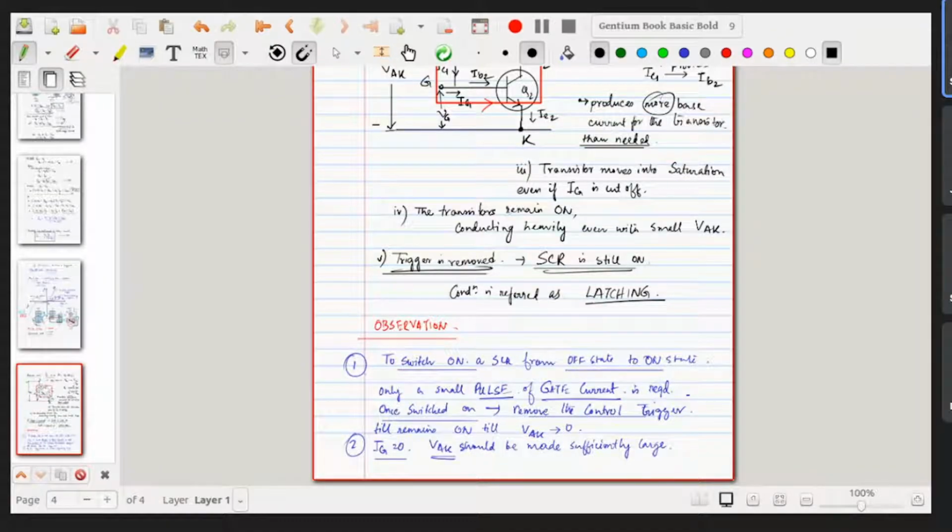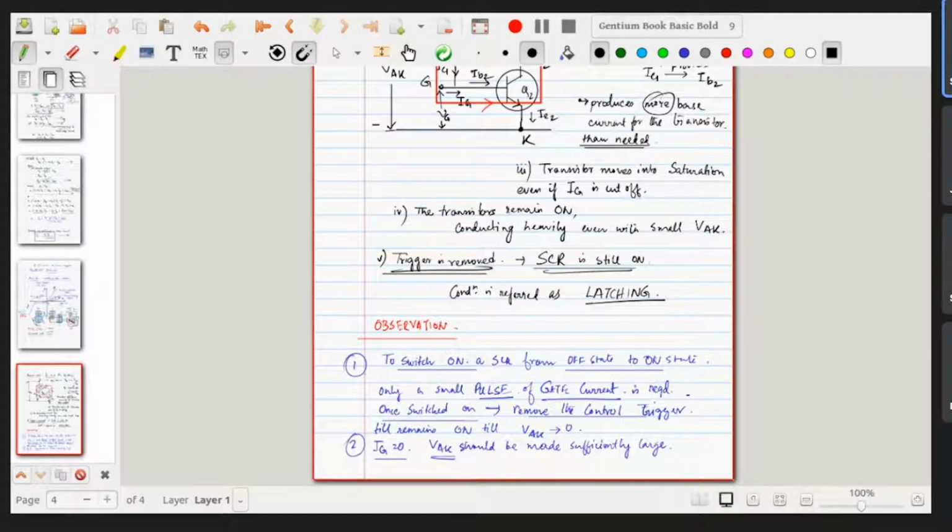So I will stop here. In the next class, this Monday's class, we will try to observe one important part. When we are talking about this SCR family, or these turn-off methods, as I was mentioning on the very first day, we have the process of some kind of commutation.